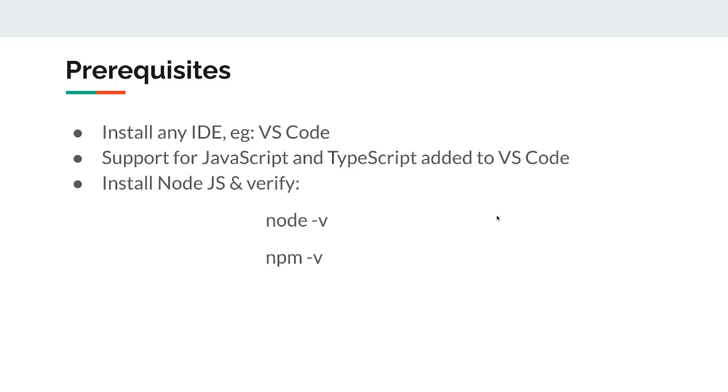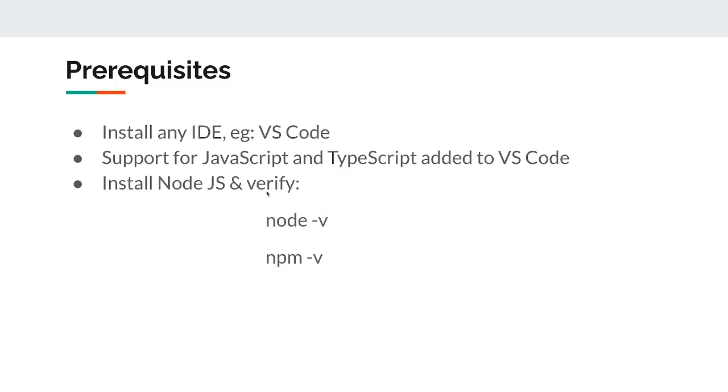We'll show where you can find them in VS Code so that you can add both. As well as that, you need Node.js, because TypeScript or JavaScript is based on Node.js.